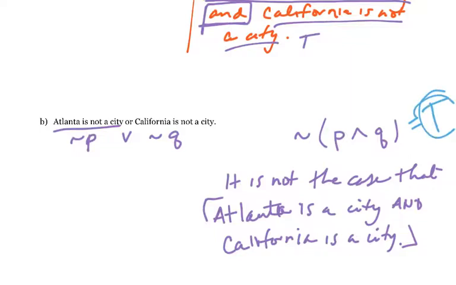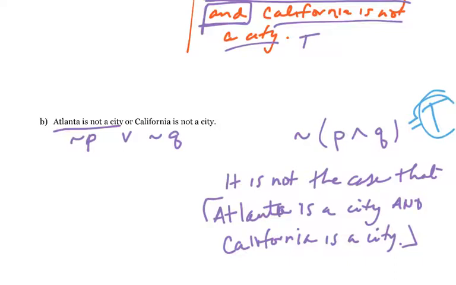Okay, so I broke this down into the two pieces. Atlanta is a city and California is a city. That is false because California is not a city. But then when we say it is not the case that that chunk is true, then since we say it's not the case that this false statement is true, then that makes this true.